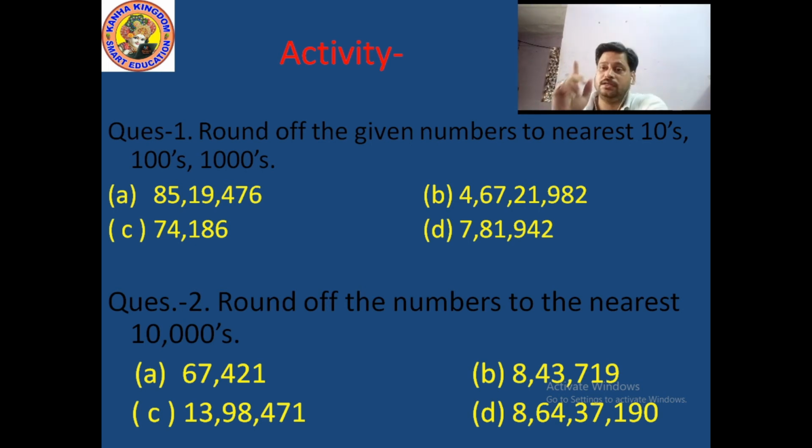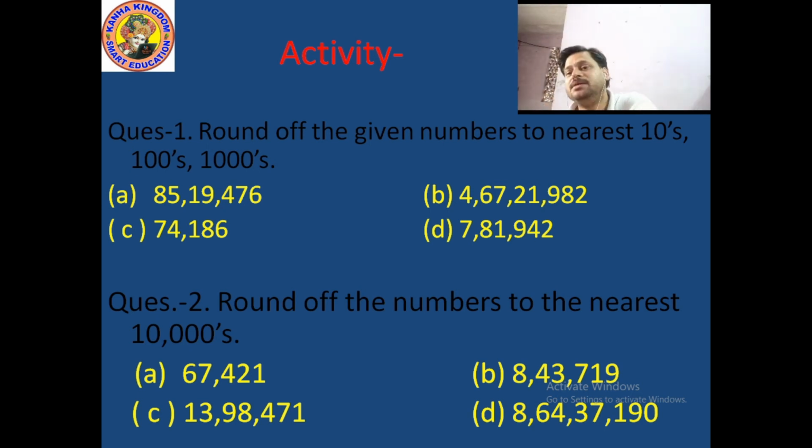So if ones place is less than 5, nothing is changeable, you just convert ones place into 0 and tens place remains same. After that, thousands place also remains same, lakhs place also remains same, and crore place also remains same, nothing is changeable.